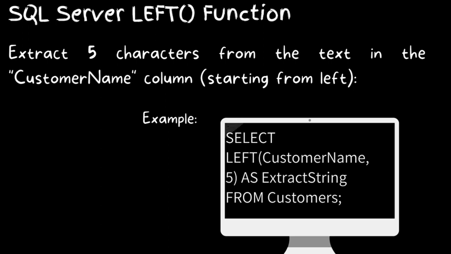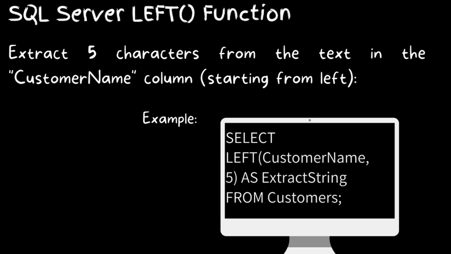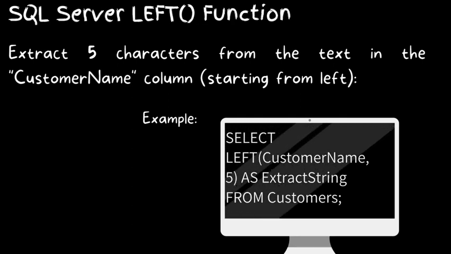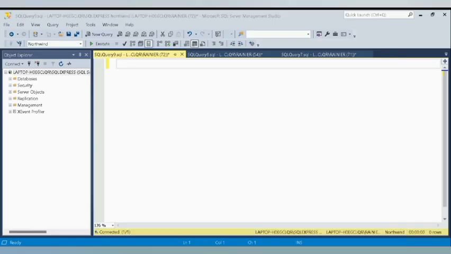What if we extract 5 characters from the text in the CustomerName column starting from the left? For example, SELECT LEFT(CustomerName, 5) AS ExtractString FROM Customers.